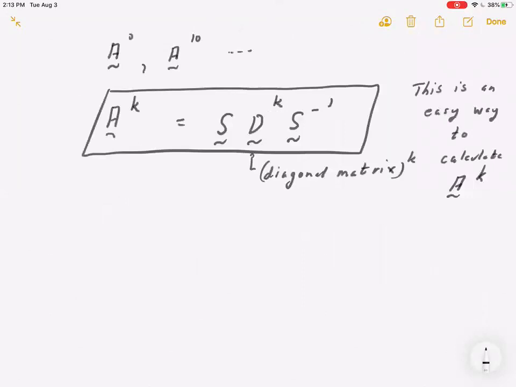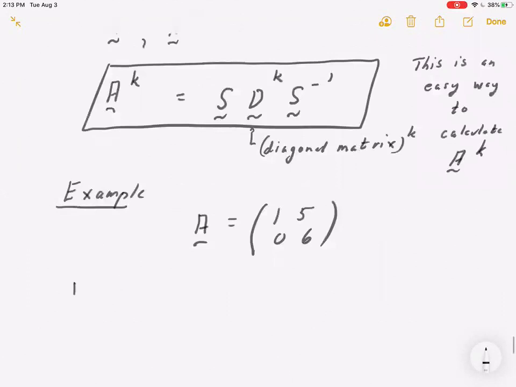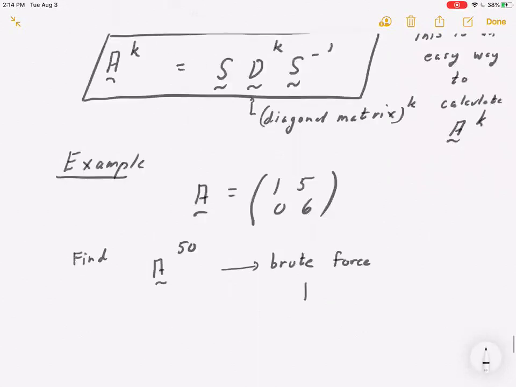So to see the beauty of this, let's go through an example. So let's take a matrix that's of order 2. And suppose we want to find A raised to the 50th power. So there are 2 ways to do this. One way is to do this by brute force.